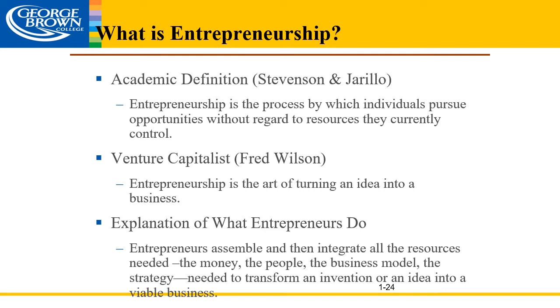So this applies to both of the definitions, in that organizing money, people, and strategy is an art, but it's also a process that's needed to transform your idea into reality. Okay, so from this, you need to understand that entrepreneurship is a process, but also an art.